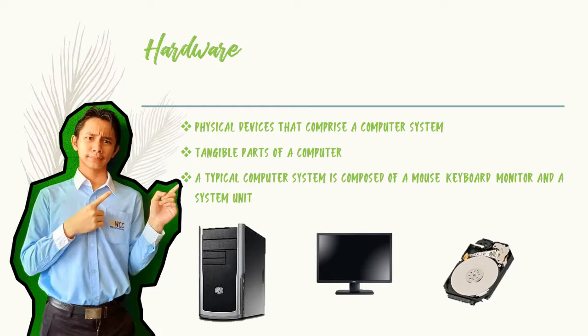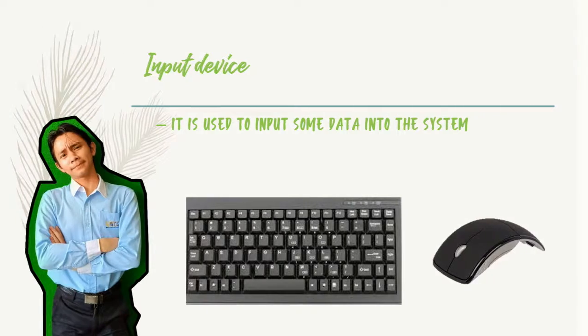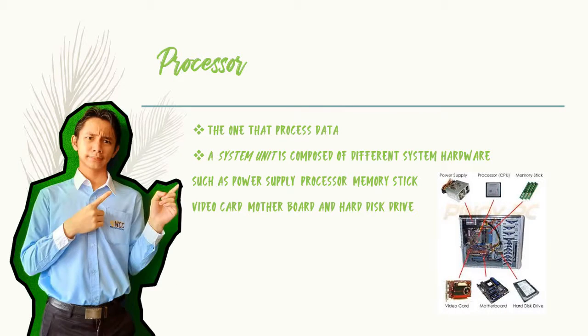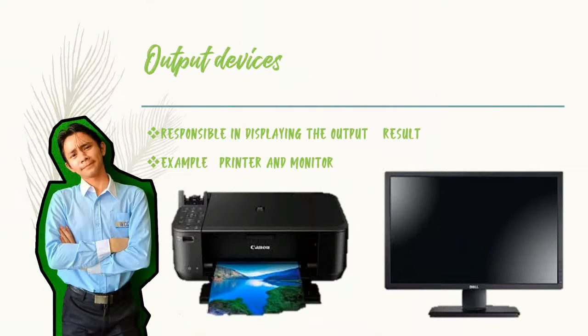Examples are disk cleanup, on-screen keyboard, disk defragmenter, and other built-in applications that are part of system software. The operating system used today was Linux, an open source software created by Linus Torvalds.